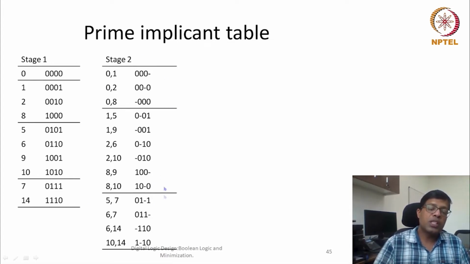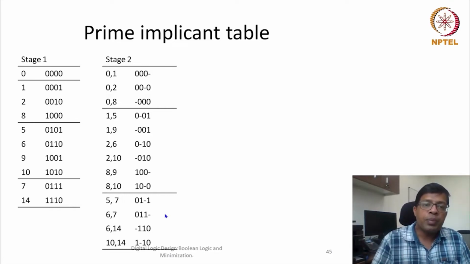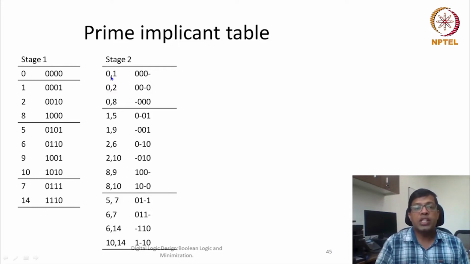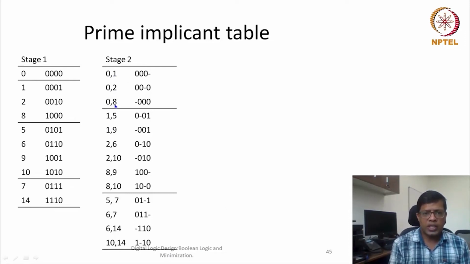So one more observation here. The difference between two mean terms, so that they can be combined, is only 1 or 2 or 4 or 8. We can recheck from all the pairs. So the difference between two mean terms is 1, 2, 8 or 4. This is true for all of them.